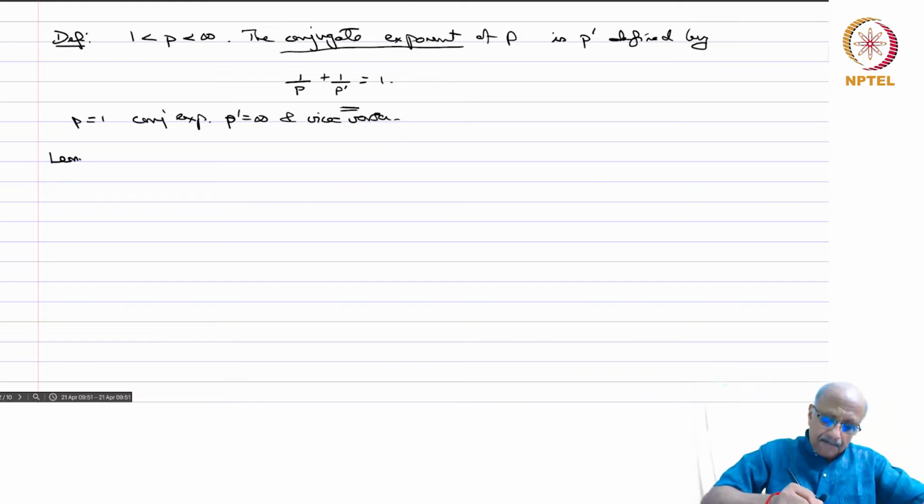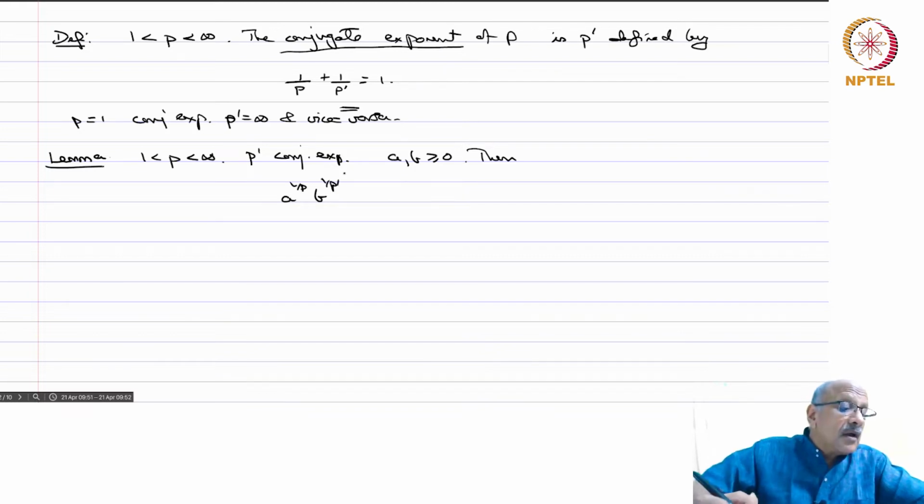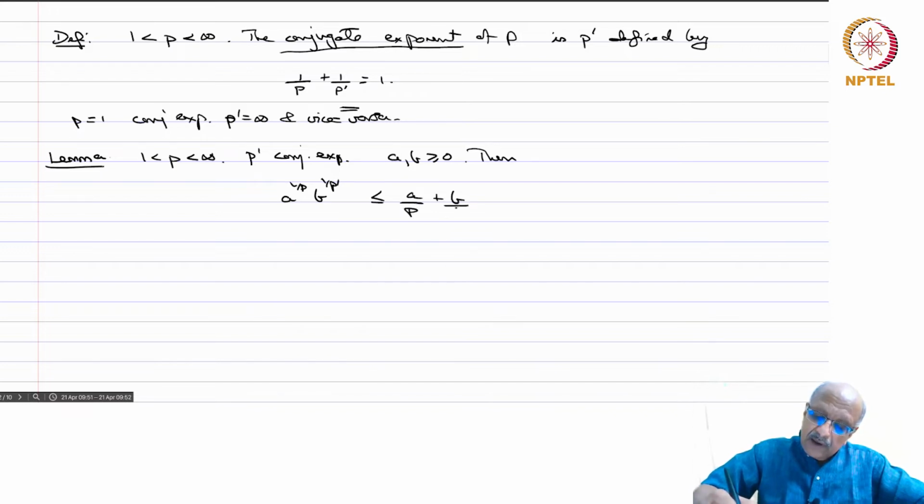Lemma: 1 less than p less than infinity, p dash the conjugate exponent. If a, b are greater than or equal to 0, then a power 1 by p, b power 1 by p dash is less than or equal to a by p plus b by p dash.